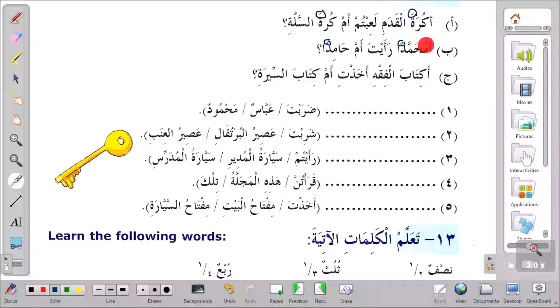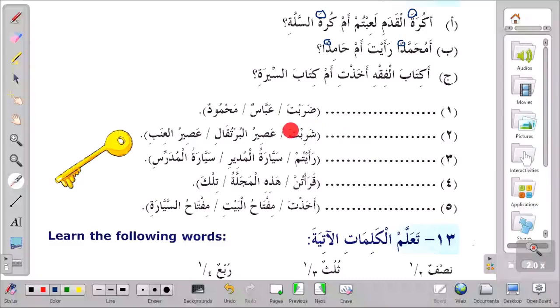It is the object of the verb see. Who is the one who is being seen? Is it not Muhammad? So that's why it has fatha. We said this before. So Muhammadan ra'aita, Hamidan. The same way here, Abbasan, not Abbasun. That's why I say Abbasan darabta Mahmudan. Is it Abbas that you beat or Mahmud?